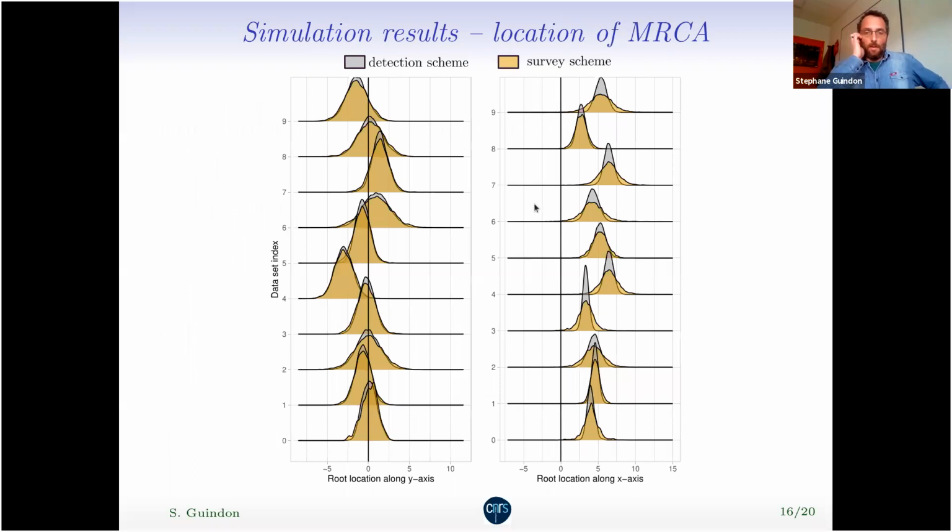All right, now I'm gonna move on to the results part. So these are the results of simulation work we did recently with Nicolas de Mayo. And what Nicolas did here is that he generated lineages' locations along a tree using a Brownian process forward in time.